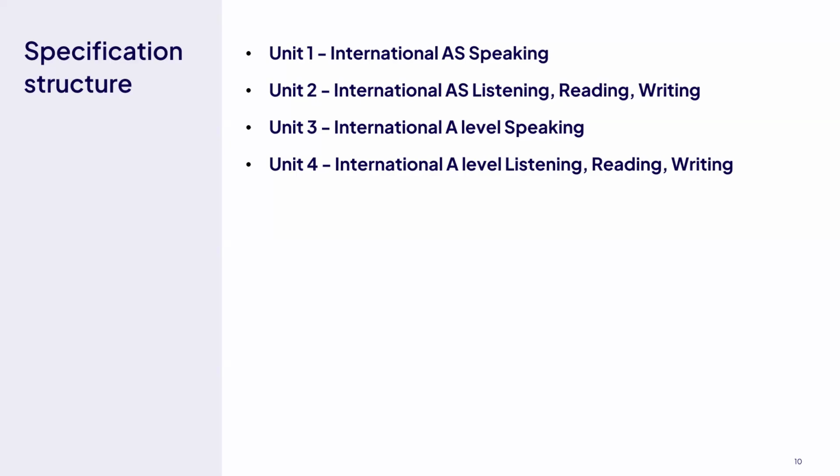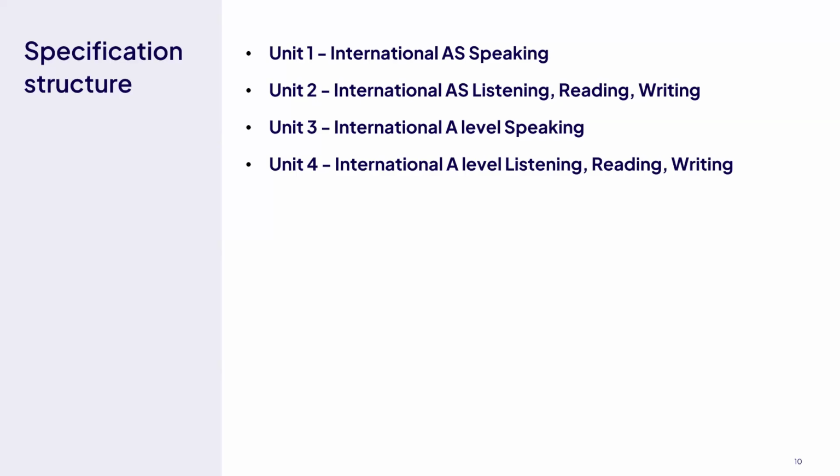So it's quite common, but it's not an absolute requirement, for students to take units 1 and 2 at the end of the first year of the course and 3 and 4 at the end of the second year of the course. And all of those units are available in both January and June every year. And students can also retake individual units.